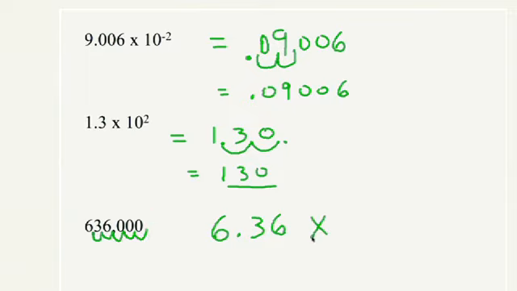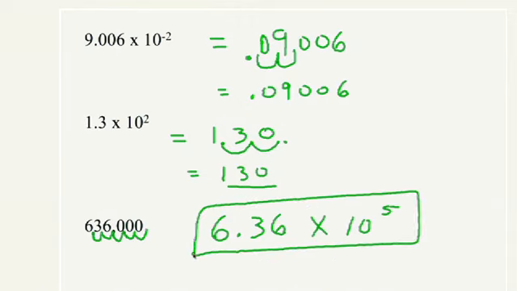So that tells me that the exponent here is 5. If I moved it to the right, the exponent is positive. If I would have had to have moved the decimal point to the left, the exponent is negative. So 636,000 is 6.36 times 10 to the 5th.